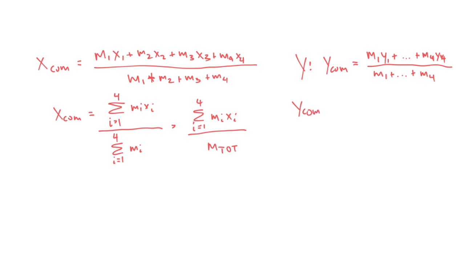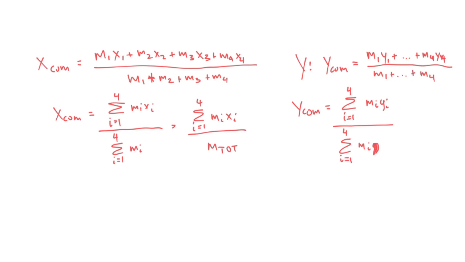So we have Y center of mass is equal to the sum from i equals 1 to 4 of Mi Yi over the sum from i equals 1 to 4 of Mi. Oops, I wrote Mi Y there, that should just be Mi.